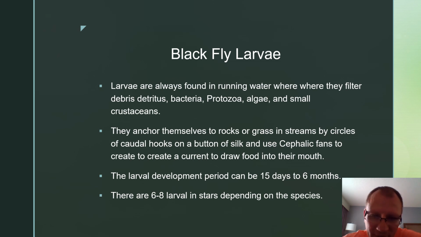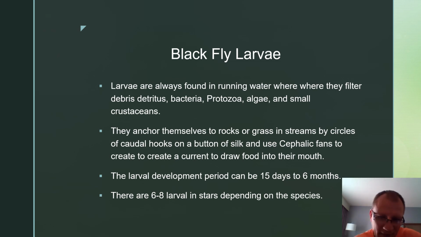They anchor themselves to rocks or grass in streams by circles of caudal hooks on a button of silk, and use cephalic fans to create a current to draw food into their mouth. This is how they feed themselves.